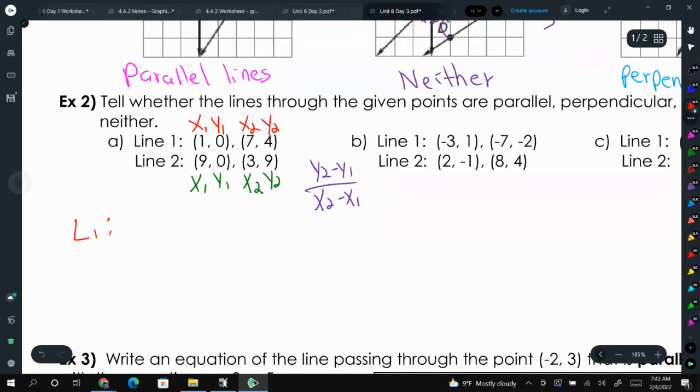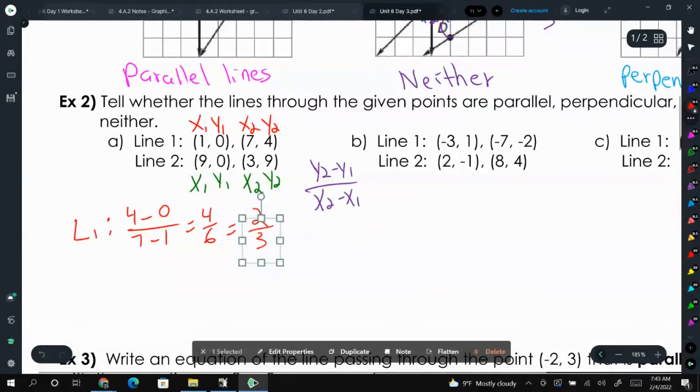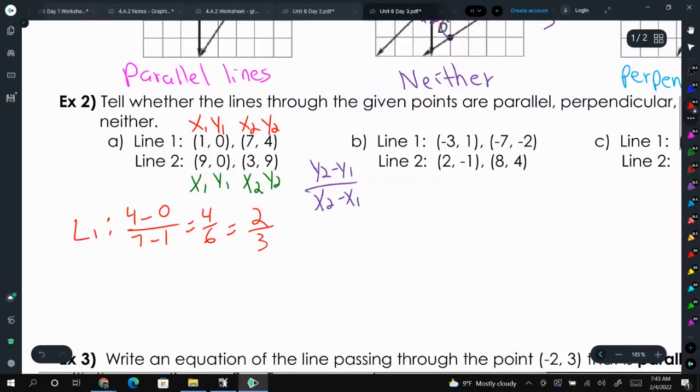So L1 is for line 1. y2 is 4 minus y1 is 0 over x2 is 7 minus 1. That's 4 over 6. And that reduces to 2 over 3. You want to reduce your fractions at all times because that will allow us to easily see if the lines are parallel, perpendicular, or neither.